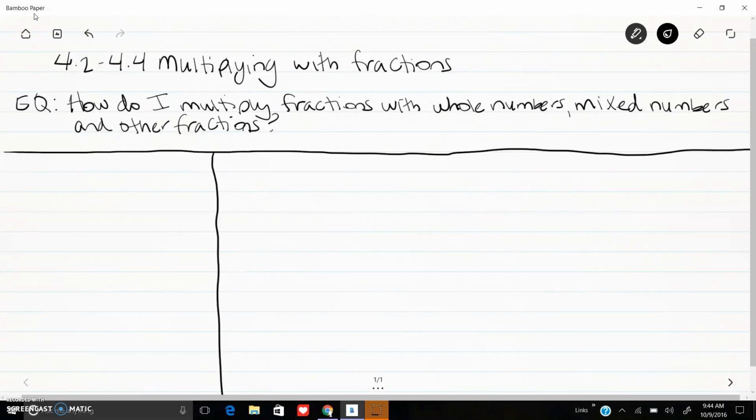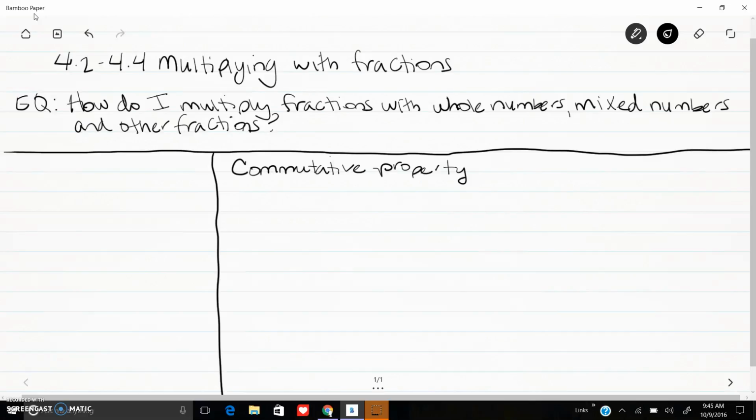There is one vocabulary word that you need to know, and that's commutative property. And commutative property we've talked about a few times. That's when you can flip around a multiplication sentence and it would still get the same answer.